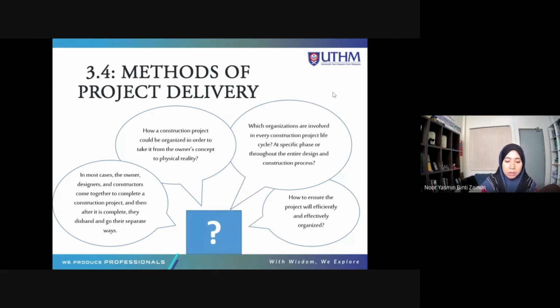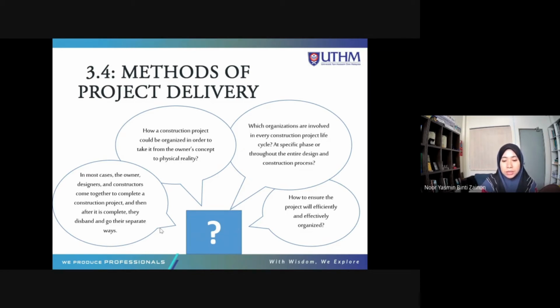And also very important is the methods of project delivery. So in most cases, owner, designers, and constructors come together to complete a construction project, and after it is complete, they disband and go their separate ways. Okay, that is commonly.